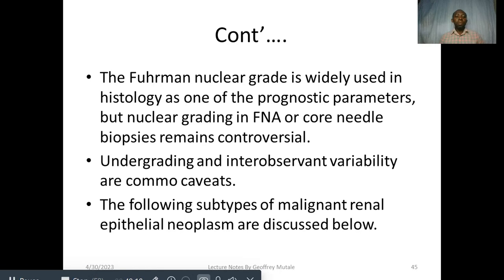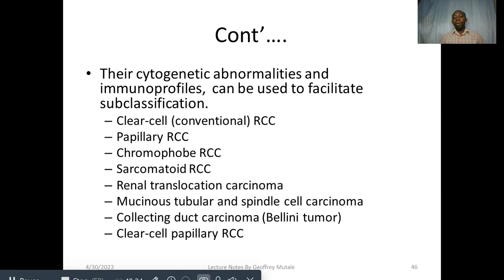So the following subtypes of malignant renal epithelial neoplasm are discussed, and here we look at the cytogenetic abnormalities and the immunoprofiles, which can be used to facilitate the subclassification at the same time.